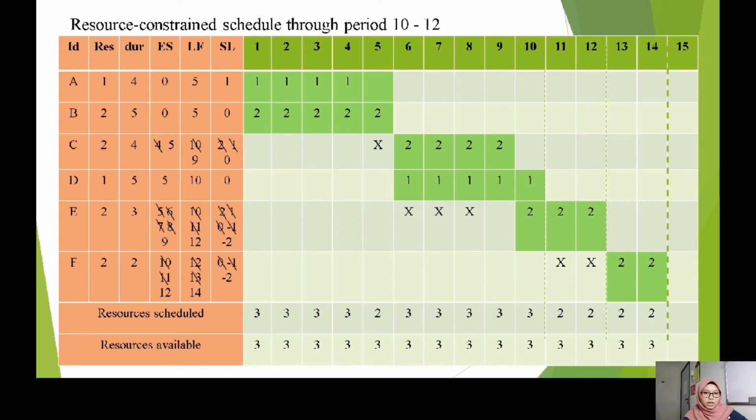It indicates that we need to start F at day 13. So the earliest start for ID F is day 13, and the late finish for ID F is 14. We can see that from day 1 until day 14, the resource schedule does not exceed the resource available.